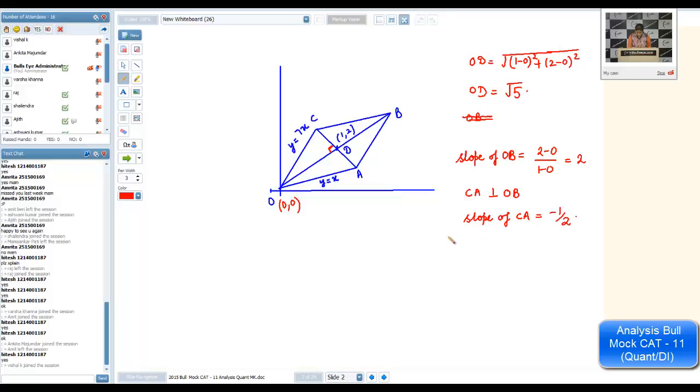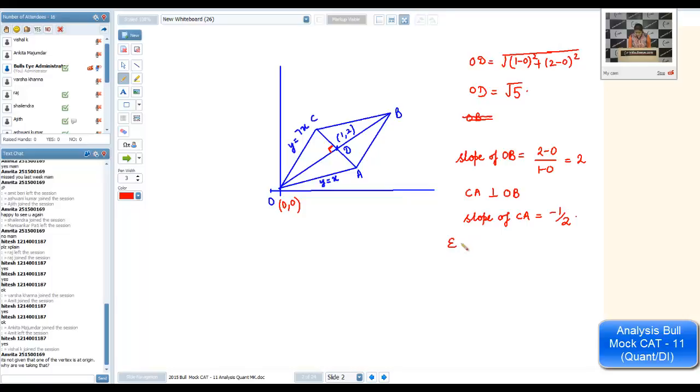So now I'm going to write the equation of CA, where slope is minus half and a point is given through which it is passing. It will be y minus y1 is equal to m into x minus x1. If I solve it, I'll get 2y plus x is equal to 5.